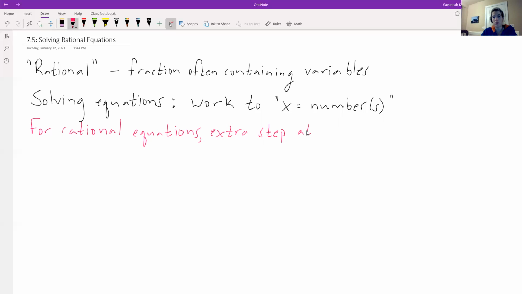So this is an extra step at the very end of the problem. And I'm going to write what that extra step is, and this won't make any sense to you right now. Particularly because it involves a big word.